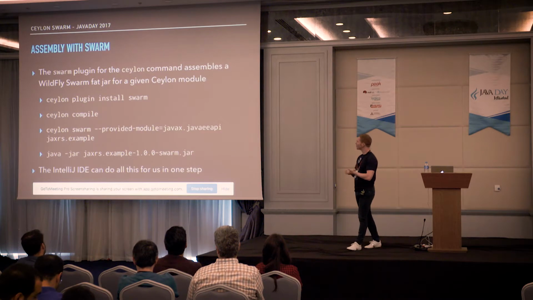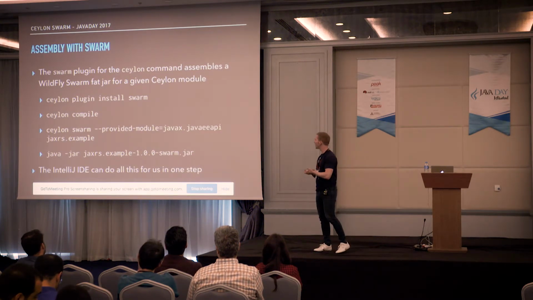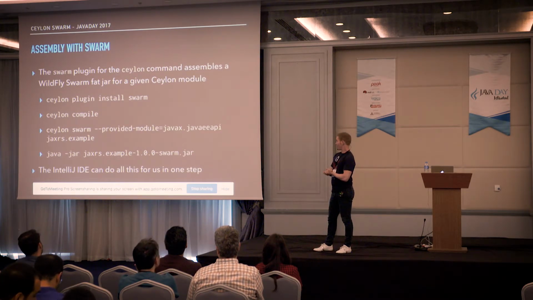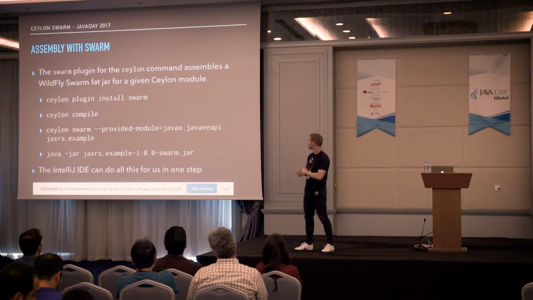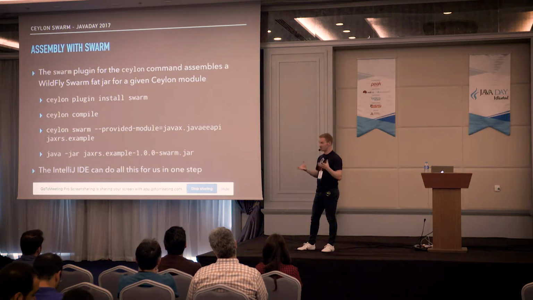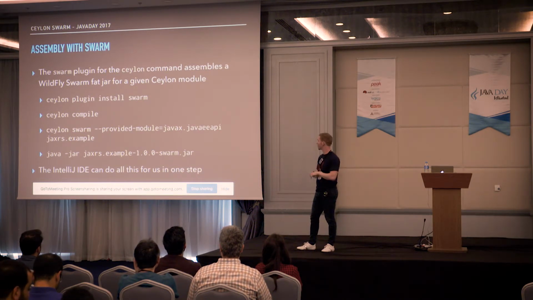So to assemble with Wildfly Swarm, we have a plugin for the ceylon command called swarm, and its goal is to simply assemble a fat jar using a Wildfly Swarm fat jar for a given Ceylon module.